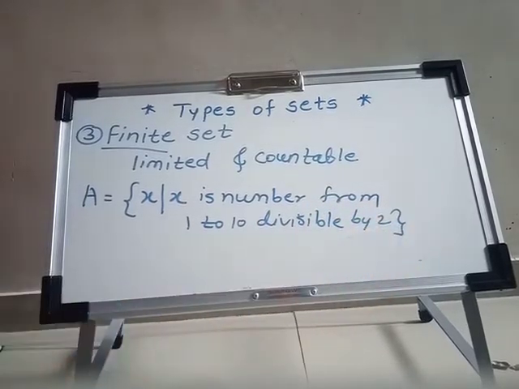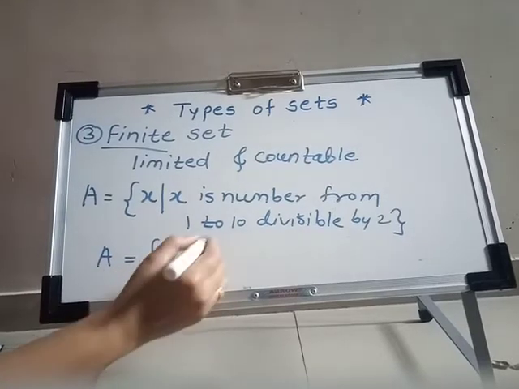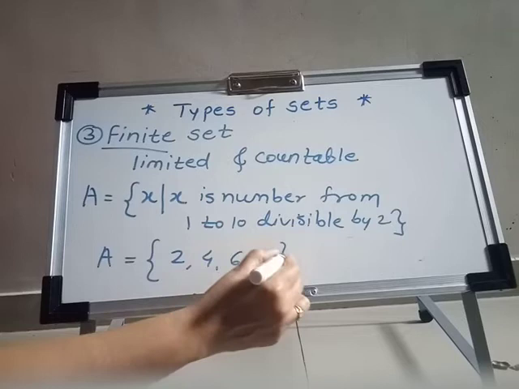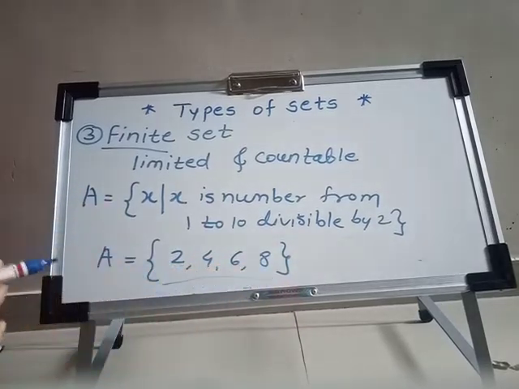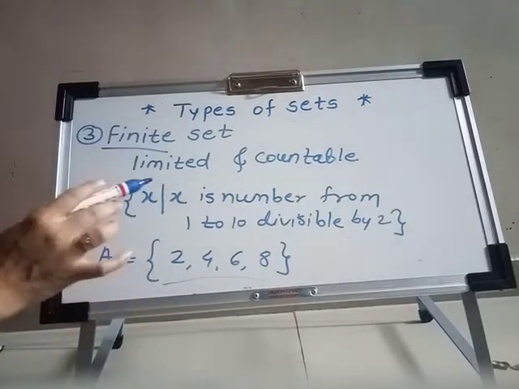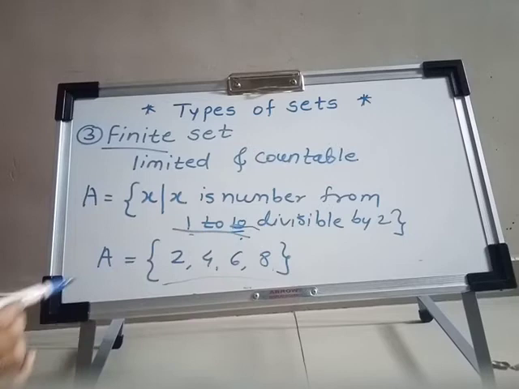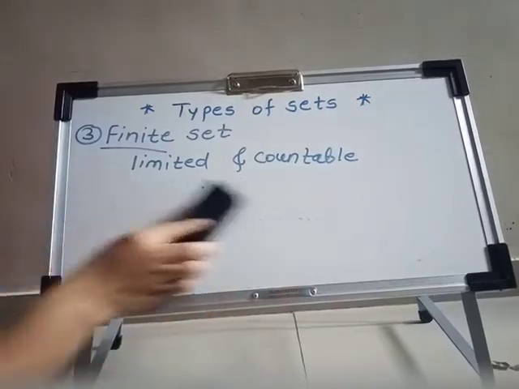What are the numbers up to 10 divisible by 2? 2, 4, 6, 8. We can count them: 1, 2, 3, 4. There are 4 elements in this set. We can count, and there is a limit, only up to 10. Means a finite set is limited and countable.